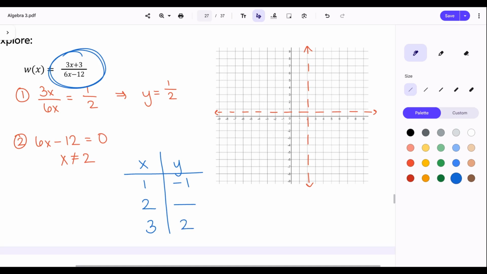Good. So then I'm going to graph those points. So positive 1 is at -1. And 3 is at 2. Do you guys know how this is going to look? Can you describe what the branches look like? Okay.